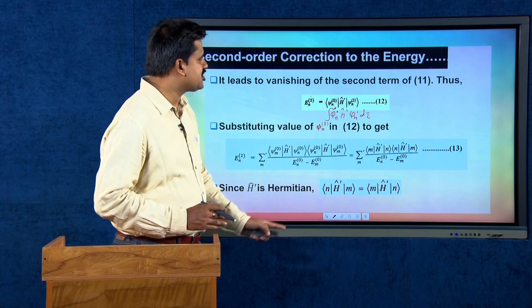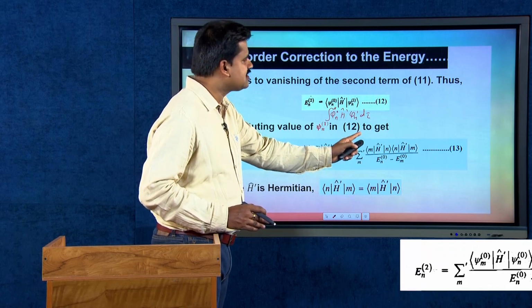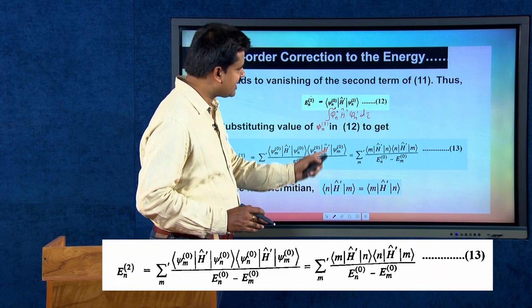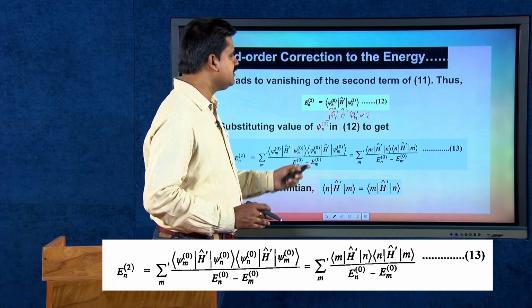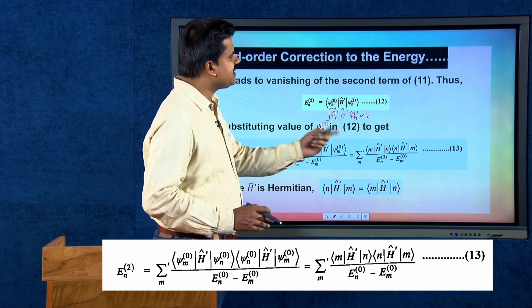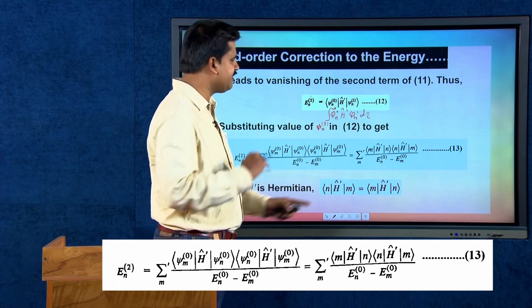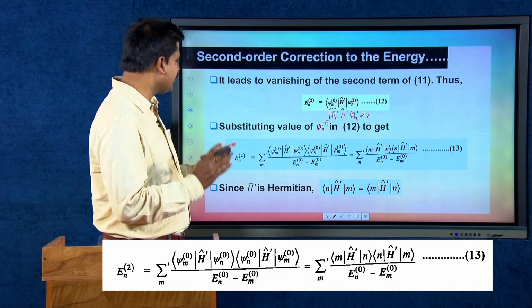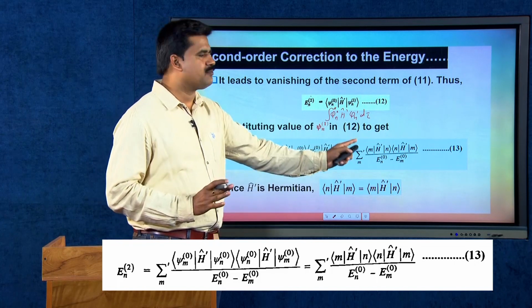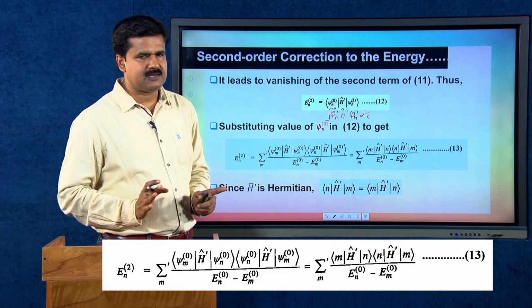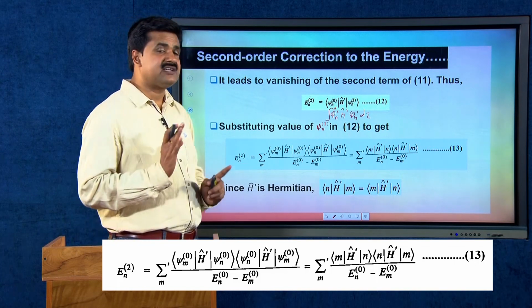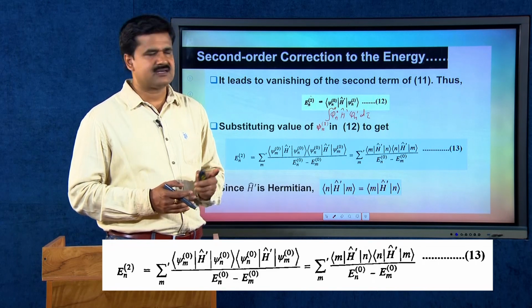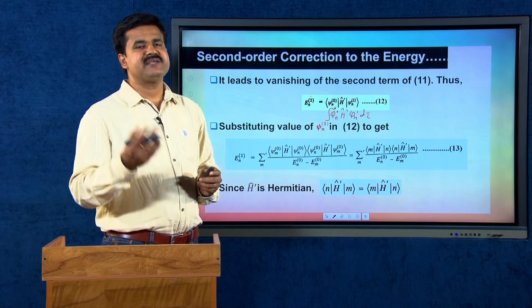This is a summation term: integral psi m0 star h hat dash psi n multiplied with integral psi n0 star h hat dash psi m, the whole divided by en0 minus em0. So, the second order correction to energy is represented by equation number 13. We know h hat dash is a Hermitian operator. What do we mean by a Hermitian operator?